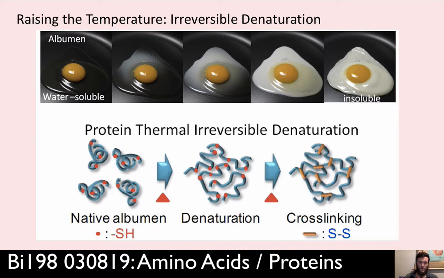So here is a little bit closer look at what's actually happening with this irreversible denaturation. You have the albumin from an initially cracked egg. It's all water soluble. It's translucent. We're adding heat to it, and with time, that protein becomes water insoluble. So in the cartoon on the bottom, you have all this albumin, and there are these native thiol groups in there that the heat is going to disrupt.